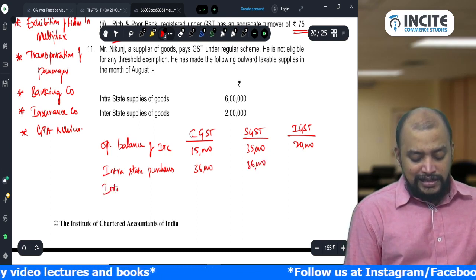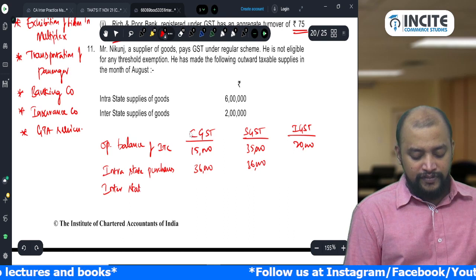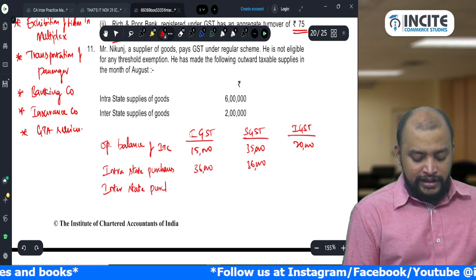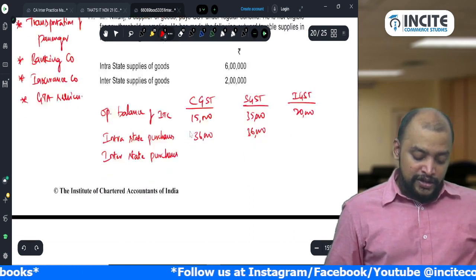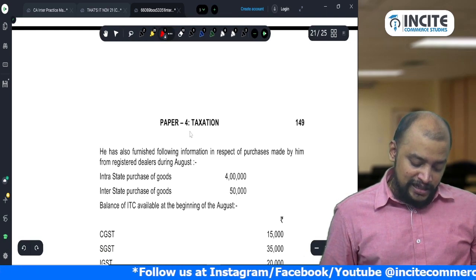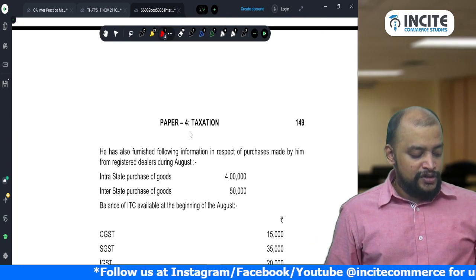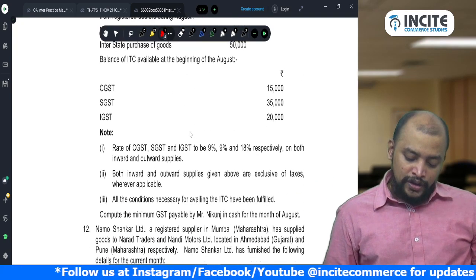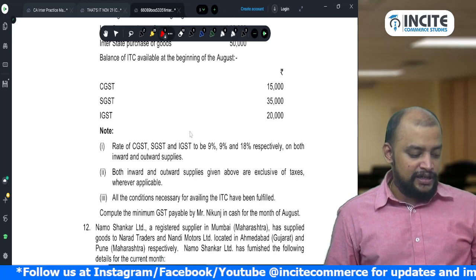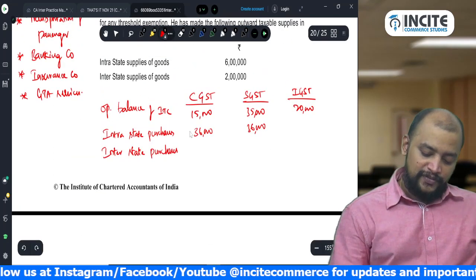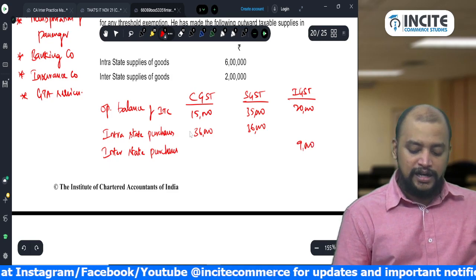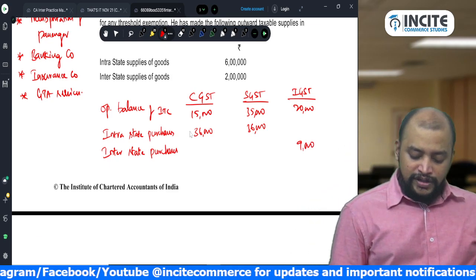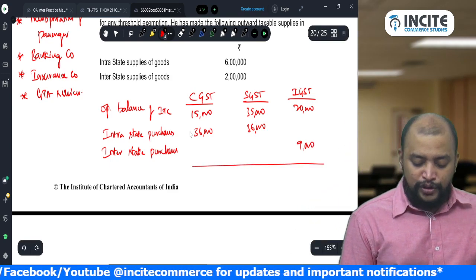Then interstate purchases. Interstate purchases 50,000 into what is the rate? 18%. That will be 9,000. Now this will become the input tax credit.